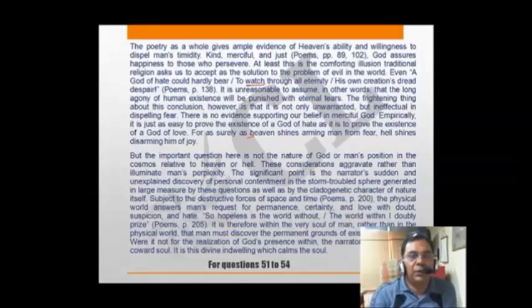Okay, here is a key line. It is unreasonable to assume that the long agony of human existence will be punished with eternal tears. That means that if you are facing pain in the world, ultimately it will be some comfort.